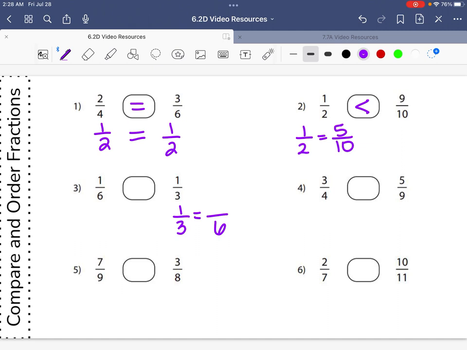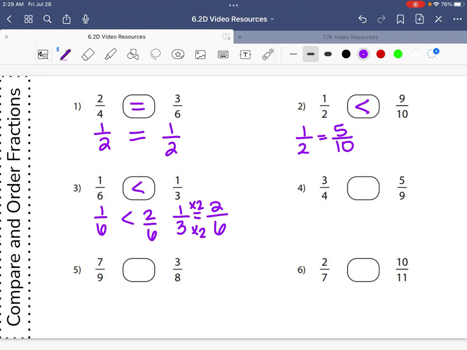So 1/3 I know is equivalent to 2/6 because I can scale it up by 2. So now I'm comparing 1/6 with 2/6, and I know that 2/6 is greater, which means that 1/3 is greater than 1/6.